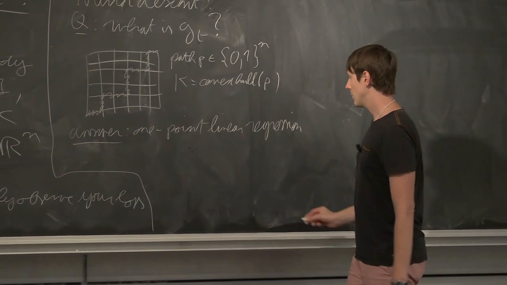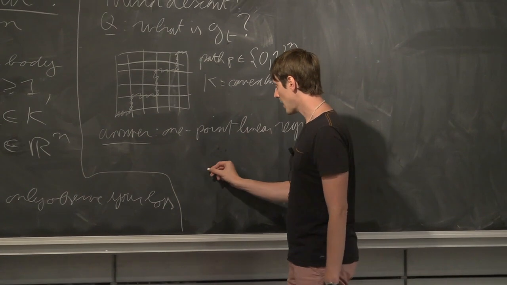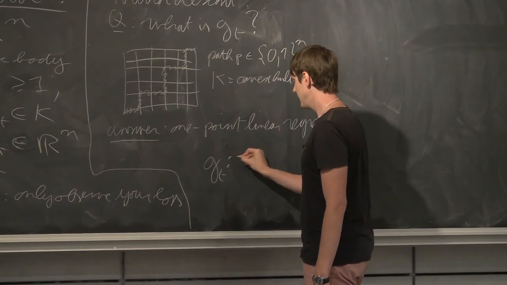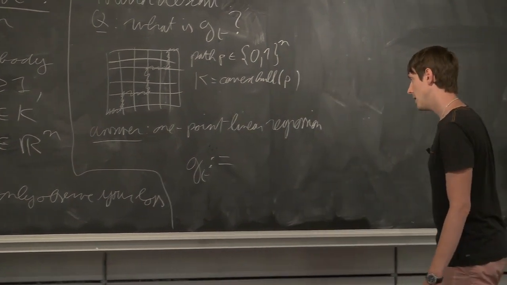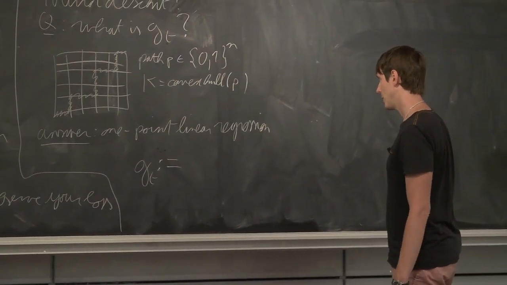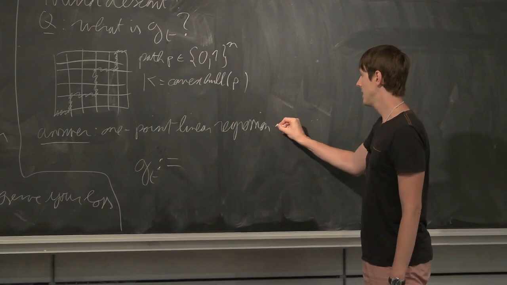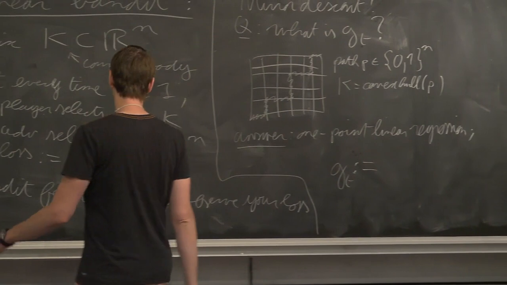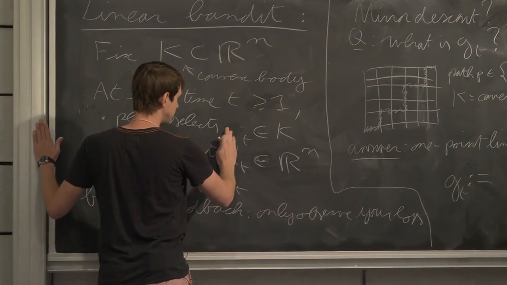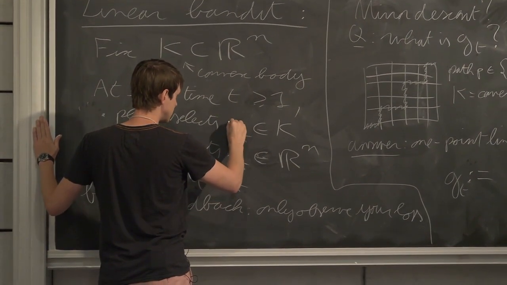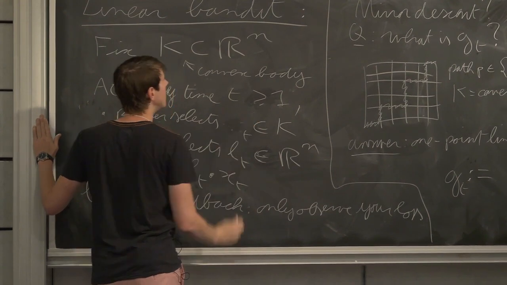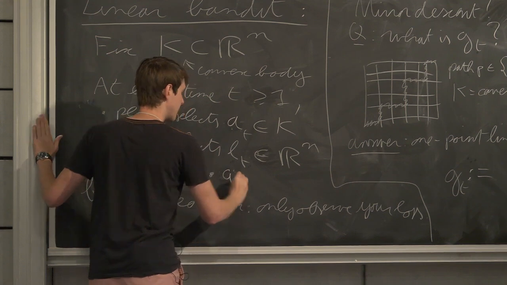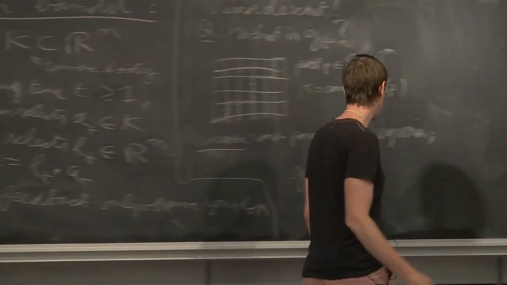So what is this 1 point linear regression? It's like this. g_t is going to be defined to be the following quantity. Let me use the notation A_t here.